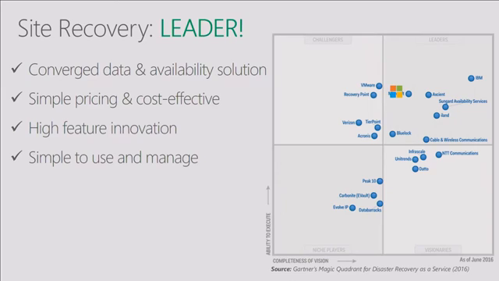It talks about converged data and availability solutions. It talks about simple pricing and being cost effective. It talks about high feature innovation, which is towards our heterogeneous platform. And it talks about simple to use and manage. This report was really very close to my heart because the principles with which I started this service, I was able to see that have resonated with the analysts as well.